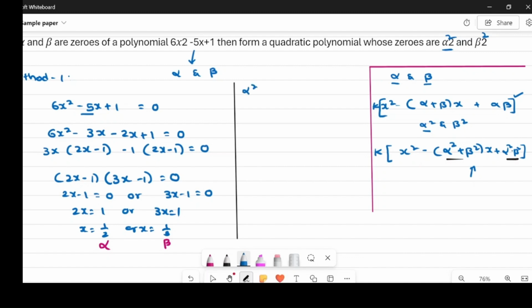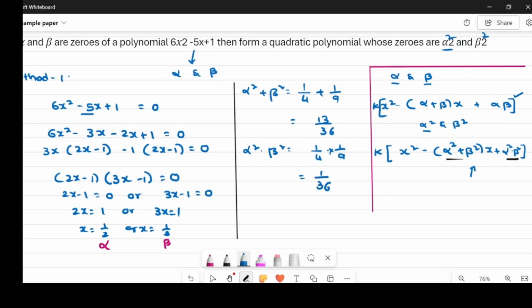Alpha square is 1 by 2 whole square, which is 1 by 4, plus beta square, 1 by 3 square, which is 1 by 9. If we find the LCM, 36, we get 13 by 36 as alpha square plus beta square. Similarly, alpha square into beta square would be 1 by 4 into 1 by 9, which is 1 by 36.